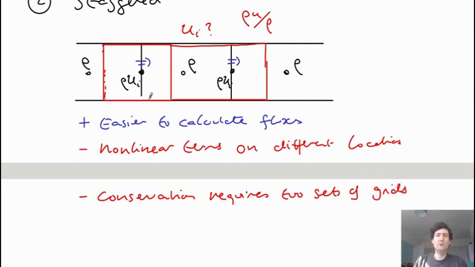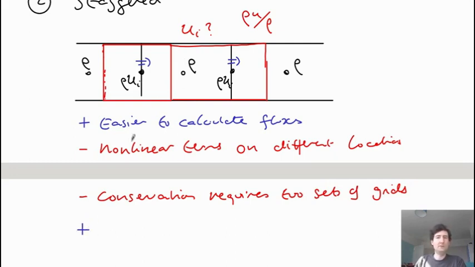And so this becomes quite complicated if you have very complicated geometry, and it's just much more bookkeeping to try and keep track of two different sets of grids, and then the conservation of different quantities on different sets of grids, and the mapping between them. But it does, as I say, have some advantages, and it's easy to calculate fluxes.